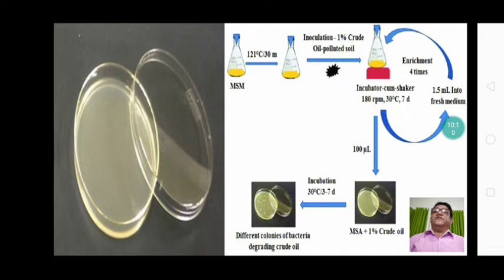For plate culture, 15 gram per liter agar was added to liquid MSM. The degradation medium comprised MSM and individual substrates of crude oil, naphthalene, phenanthrene, and pyrene at different concentrations.